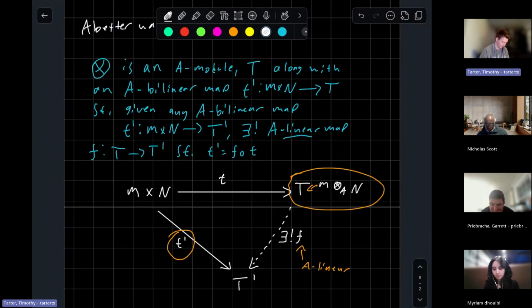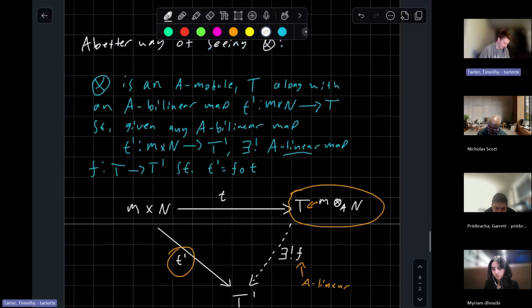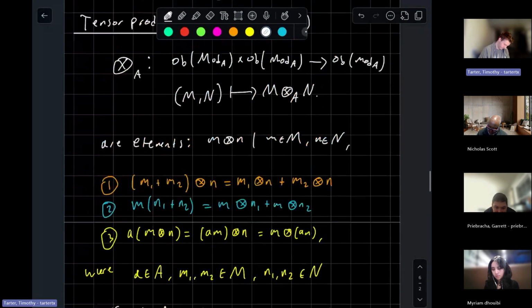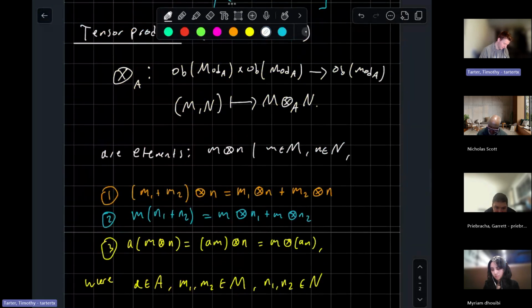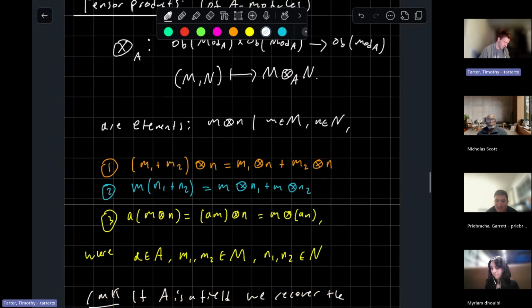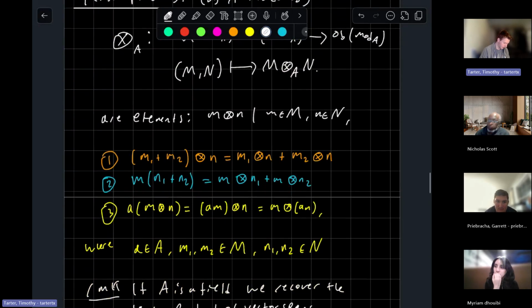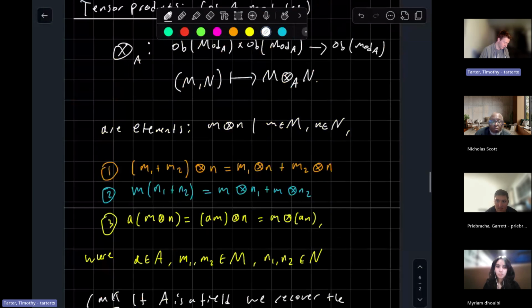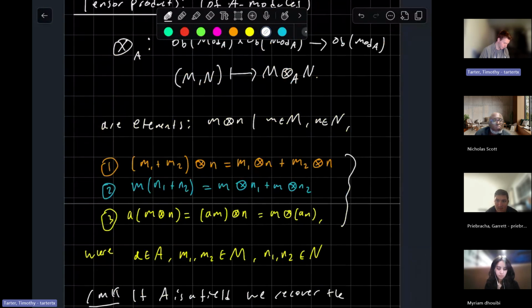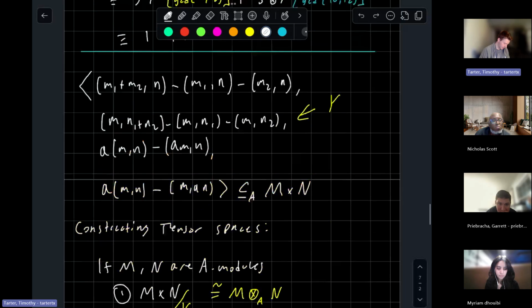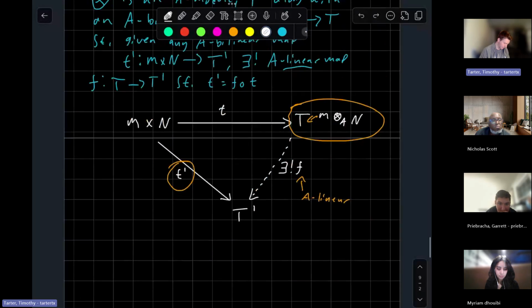Basically, we have this product that sends M A modules and N A modules to their tensor product with the bilinear map that satisfies 1, 2, and 3. And then that product is this T.